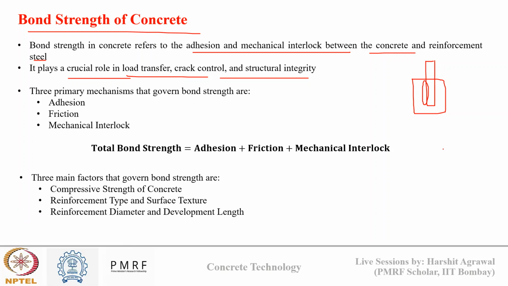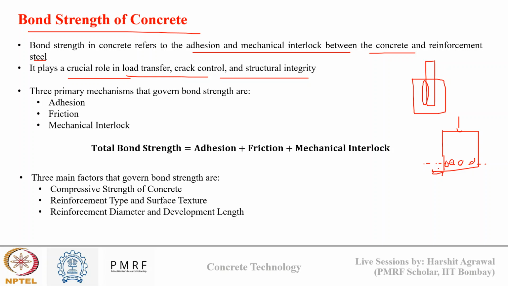If you see the design of a reinforced concrete beam under bending, we say that this is my section, and these are my reinforcement. At this level, under applied stress, whatever strain is there in concrete is the same as the strain in steel.